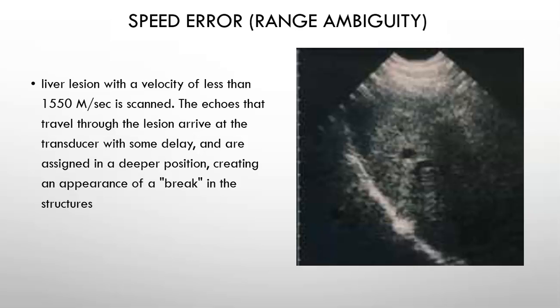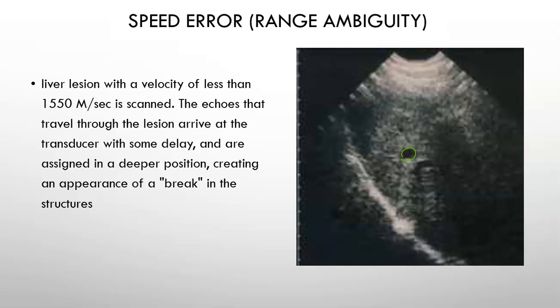Speed error artifacts can cause something known as range ambiguity. In this case, we can see a liver lesion that is cystic. It has enhancement behind it, and because it's cystic, we can make the assumption that inside of it is water. And so the water is traveling probably at a speed of 1480 meters per second.